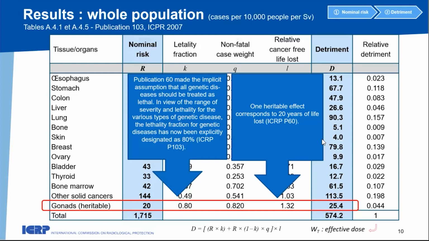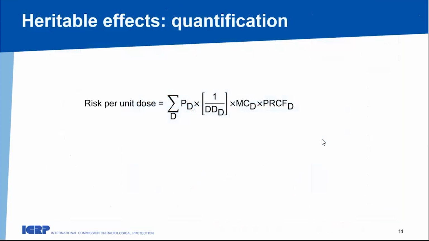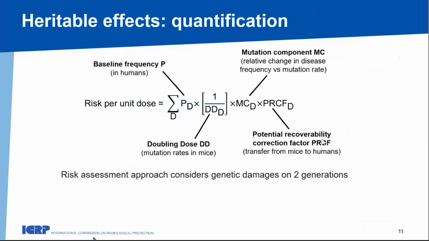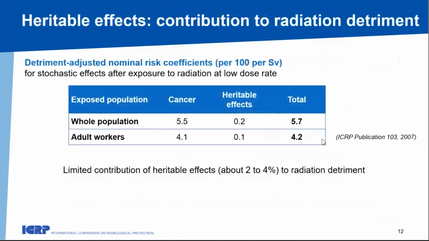Another comment, and the last, if I move from one, this one you saw already, I'm afraid. If we look at the final table, that's what we have here. Finally, heritable effect is 0.2. Because in the final tables that are used for radiation protection, it's rounded to one value and it's percent.